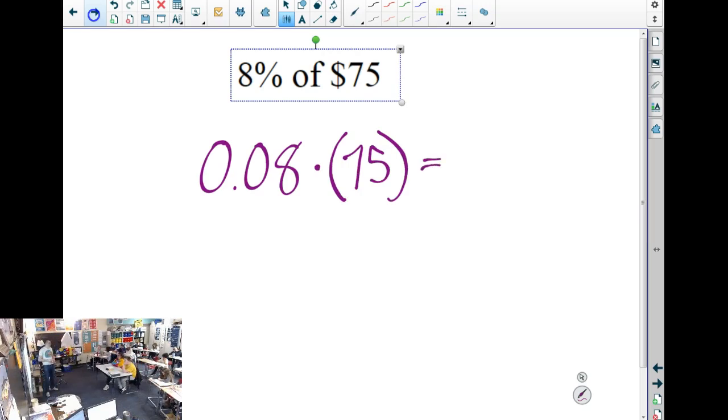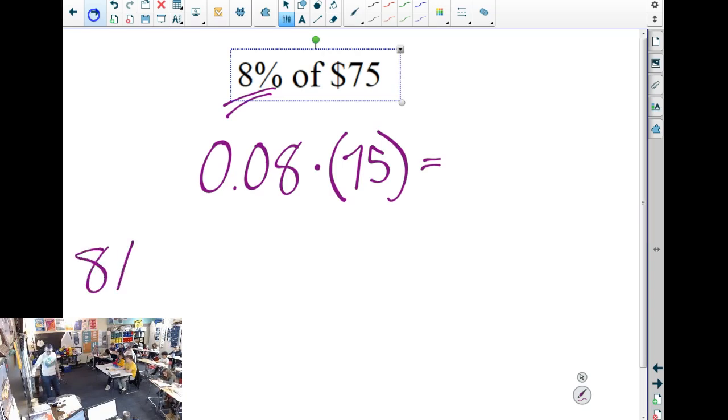And what do we get? 16. So this just doesn't make sense to me because 8%, guys. If you got 60, you're not using the right decimal. Guys, 8%. Write this on your paper.